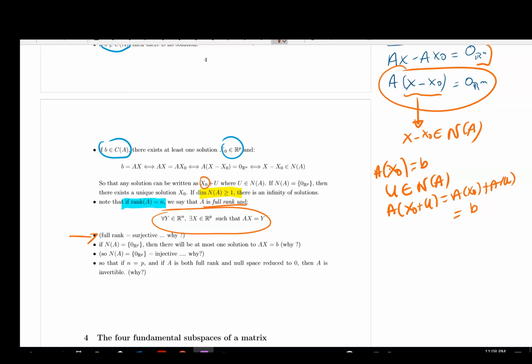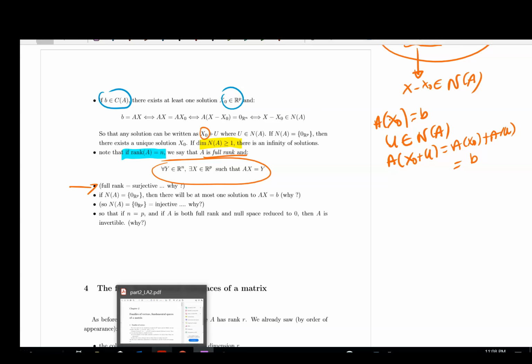Conversely, if the null space is reduced to the 0 element, then there will be at most one solution to Ax equal to b. Ask yourself why, but it should be pretty obvious from what precedes.